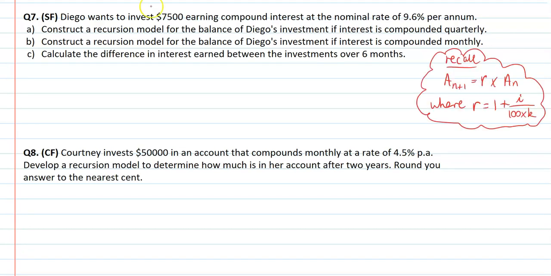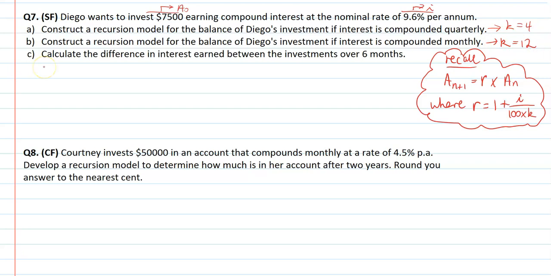Alright, for those working with me, I would always be in the habit of identifying key pieces of information. So our $7,500 is our initial amount, our 9.6 is our I, quarterly means K is 4, monthly means K is 12.